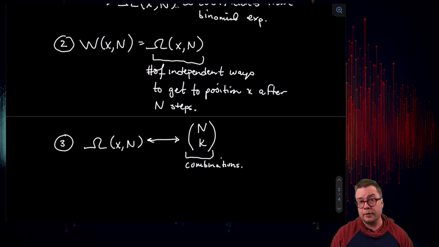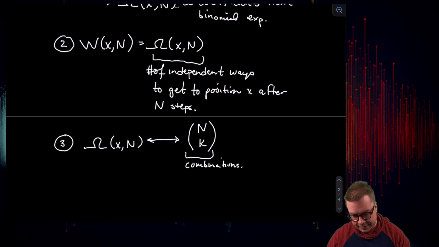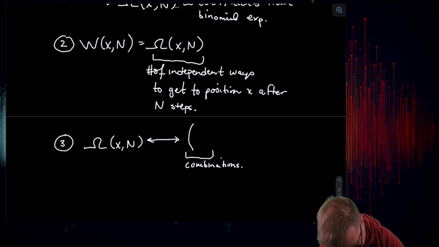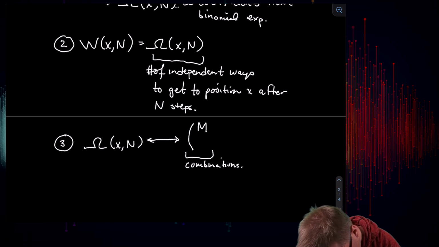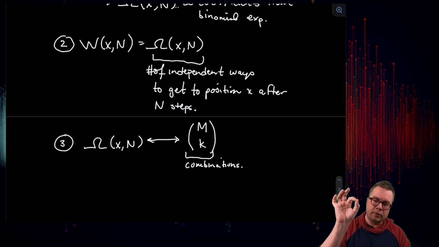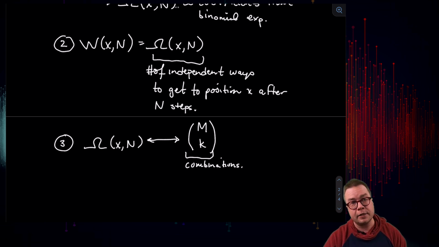Okay, so this is telling us something else. This is telling us that the number of microstates for position x after n steps is the same thing as the number of combinations of capital N. Maybe I should use different notation so we don't mix these up. Okay, so the number of microstates corresponding to position x after n steps is the same as the coefficients for the binomial expansion.